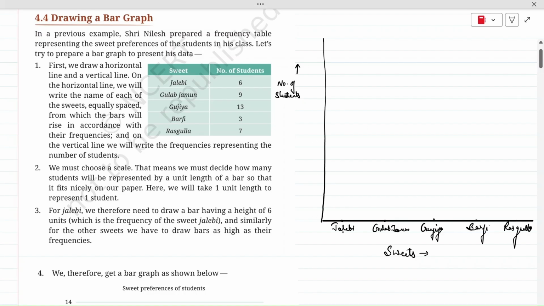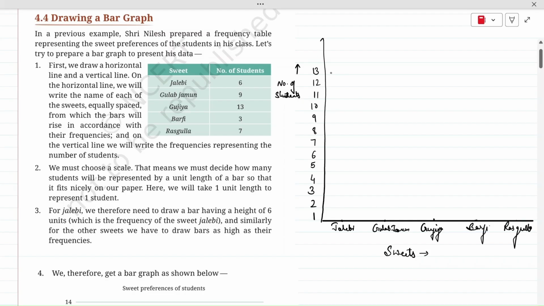I have mentioned the names of sweets on the horizontal axis, and now moving to the vertical, we are given numbers with the highest number as 13. So I am going to take the scale as 1 only, since we have to use 13 also. So this is 1, 2, 3, 4, 5, 6, 7, 8, 9, 10, 11, 12 and 13.